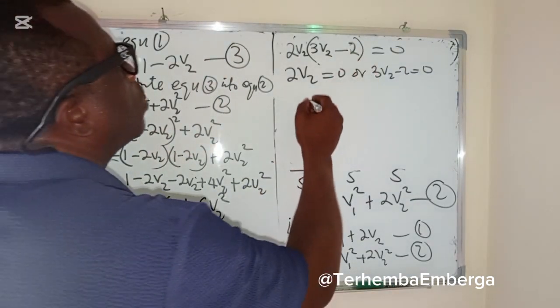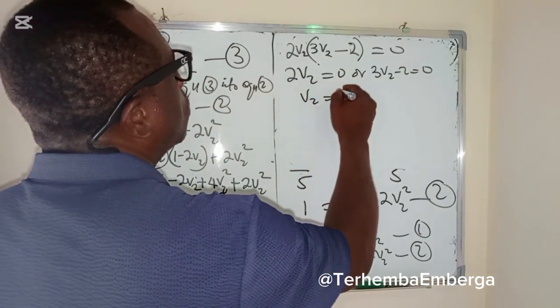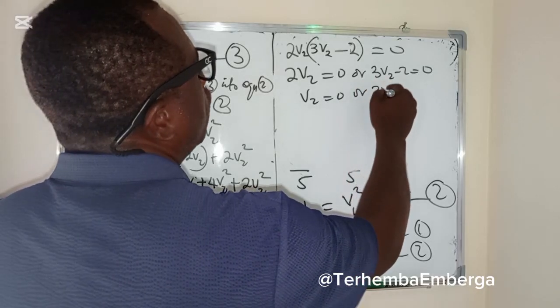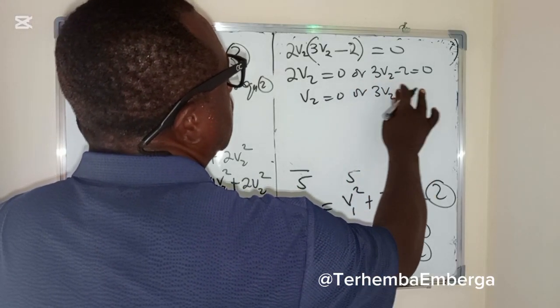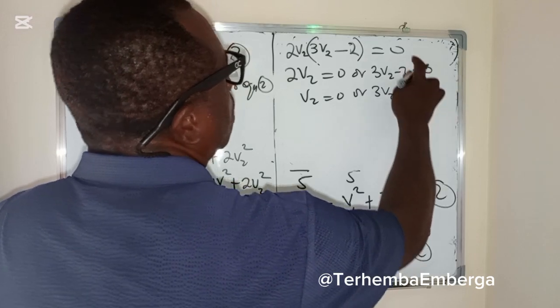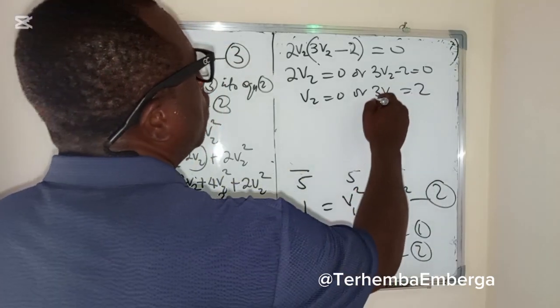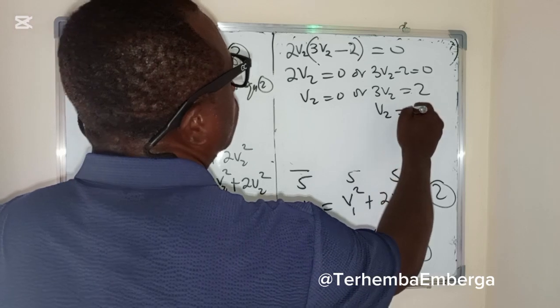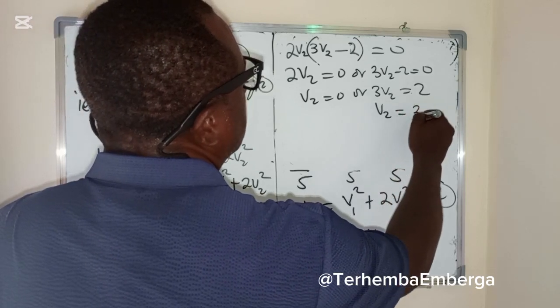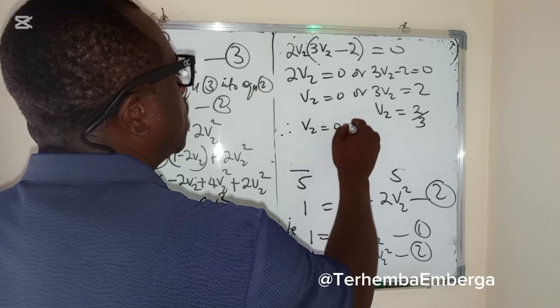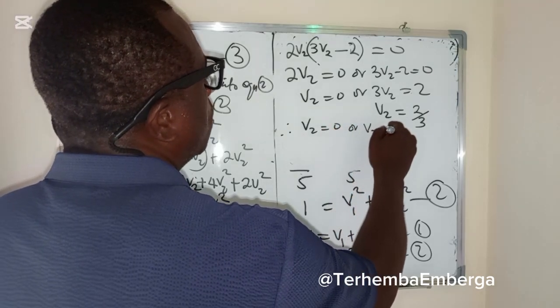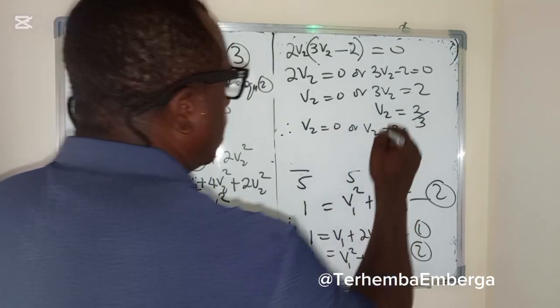If this is equal to 0, v2 is equal to 0, or 3v2 minus 2 equal to 0, we take the 2 to the right side and v2 will be equal to 2 over 3. So we can say that v2 is either 0 or 2 over 3.